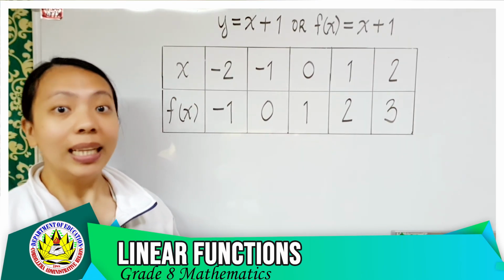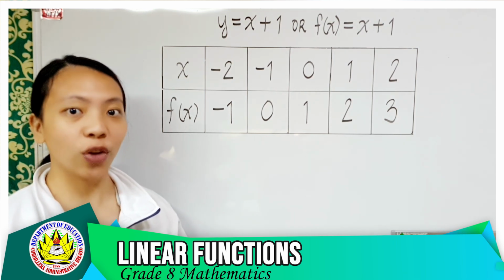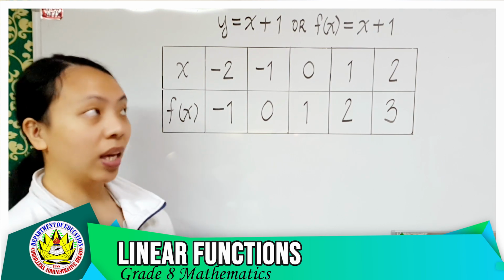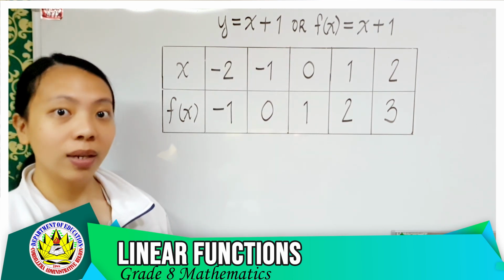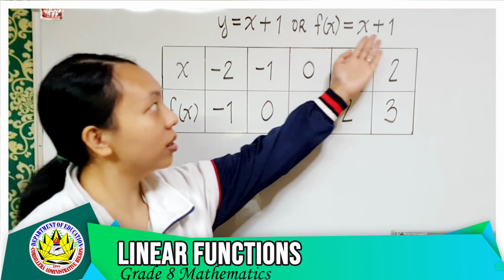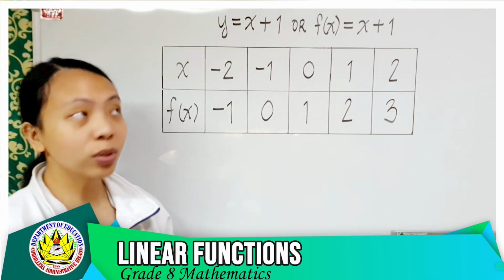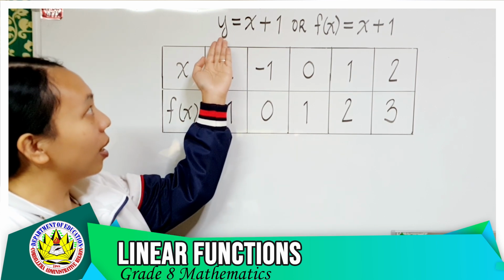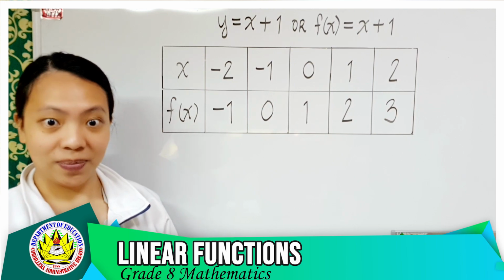Now, let us investigate another characteristic of linear functions using the equation y is equal to x plus 1 or f of x is equal to x plus 1. Take note, y and f of x mean the same.